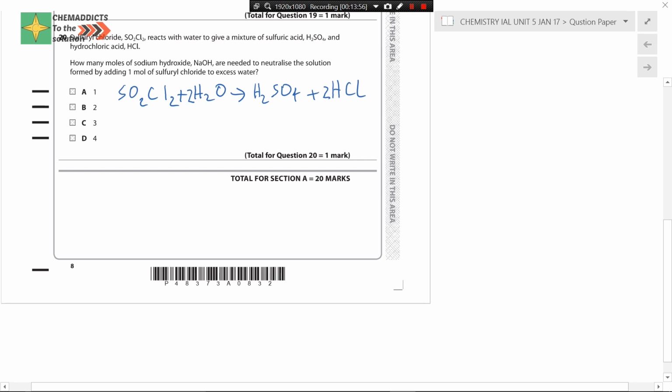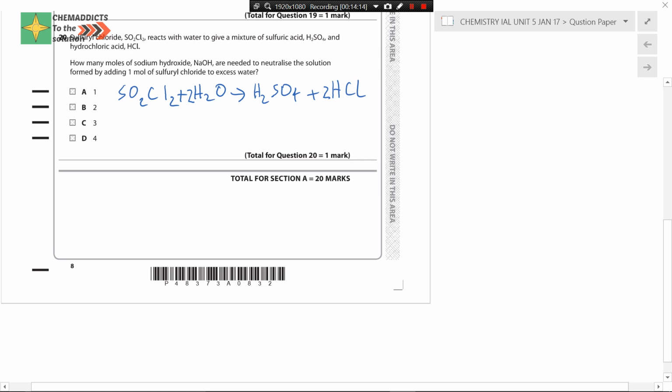Now the equation is balanced. Sulfur is balanced, oxygen here is 2 and 4, balanced. Then chlorine balanced, then hydrogen balanced. The equation is balanced.